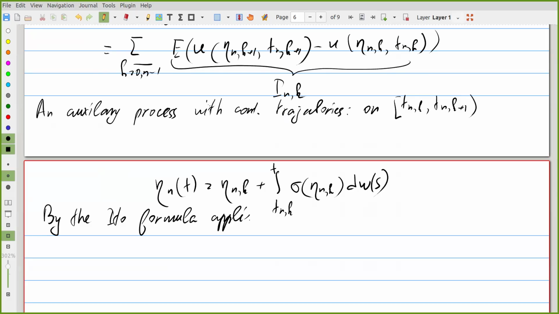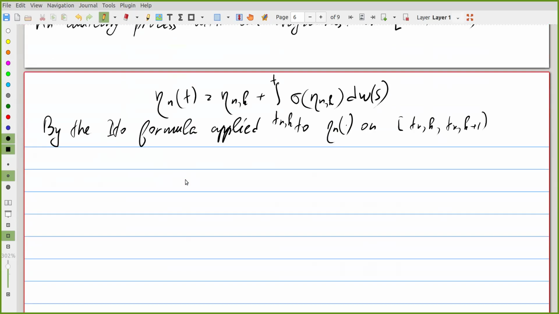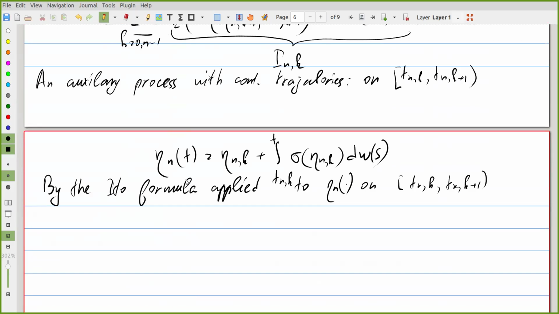Now, by the Itô formula applied to this continuous process eta_n(t) on [t_n^k, t_n^{k+1}], because this process was introduced by us exactly for the possibility to use the Itô formula, because you cannot apply the Itô formula to the original scheme.